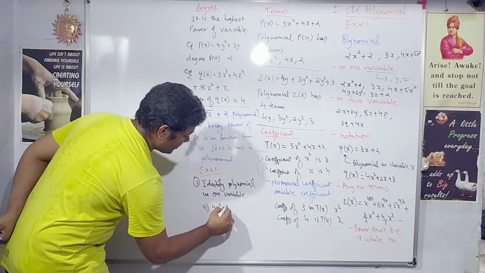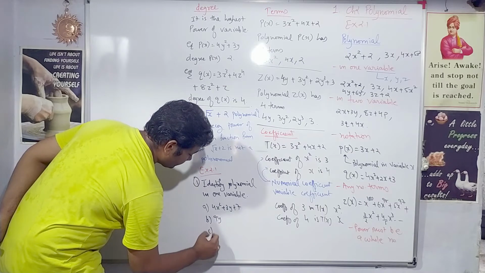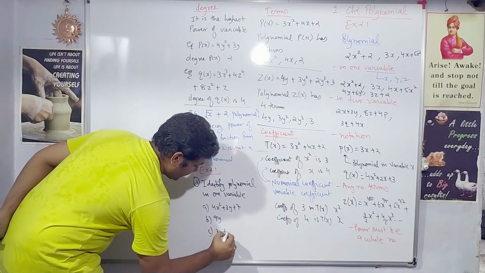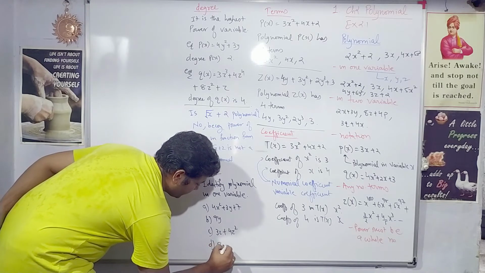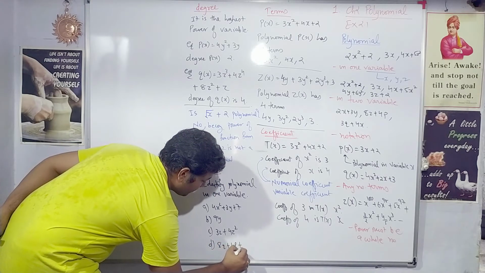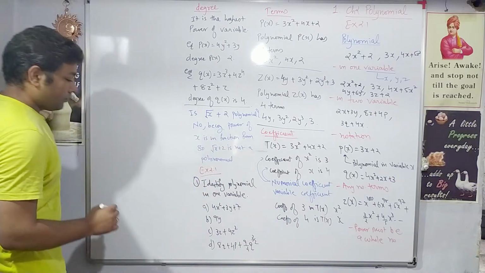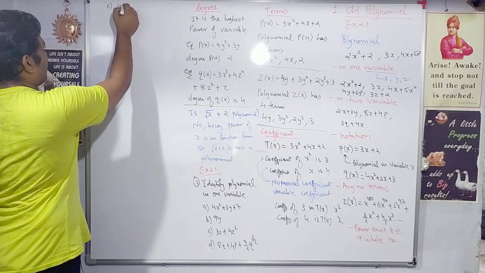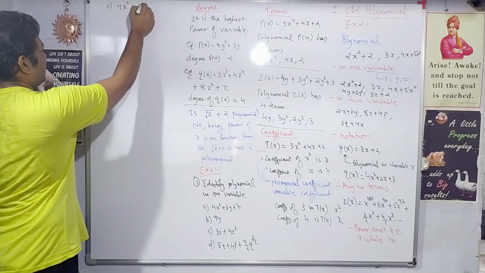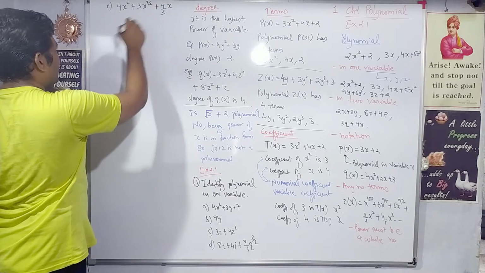4x square plus 3y plus 7, 9y, 3z plus 4z square, b, 8q plus 4p plus 9 by 2, q raised to the power 3 by 2, right? Then e, 4x square plus 3x raised to the power 3 by 2 plus 4 by 3x.